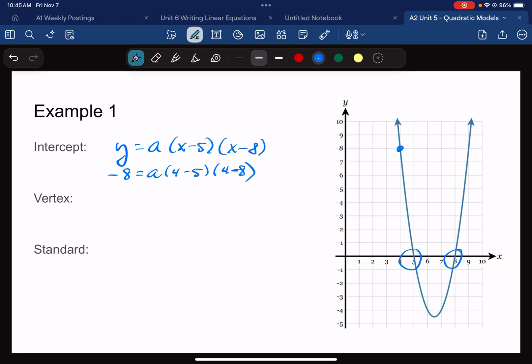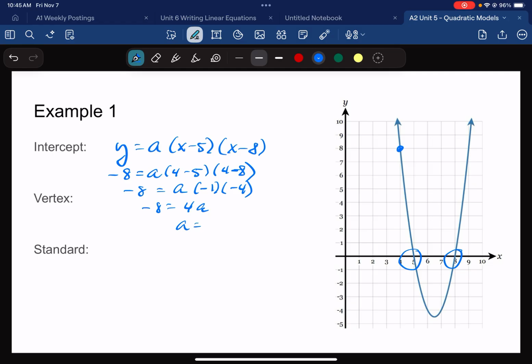And so I get this equation, negative 8 equals a times negative 1 times negative 4. So that's negative 8 equals 4a. And a has a value of, oh, it's not negative 8.